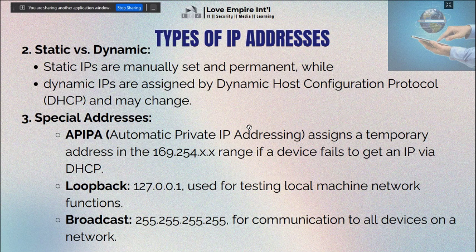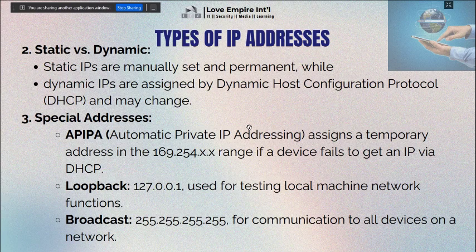Then we have the loopback IP address, which is within the range of 127.0.0.1. This is used for testing local machine network functions. Okay, then we have the broadcast IP address for communication to all devices on the network.